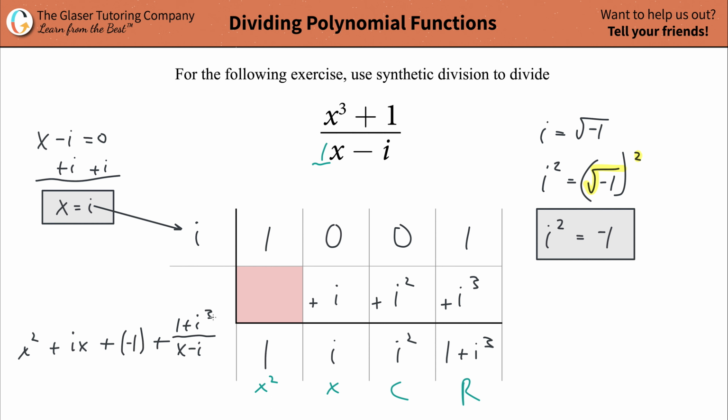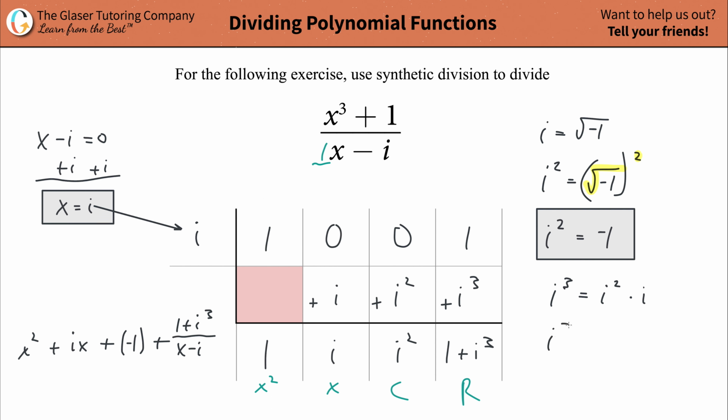Cool. Now the only other term that you have to think about is this i cubed, right? So what do you think i cubed is now? Well, this could kind of be the easiest way to think about it: i cubed could be written as i squared multiplied by i, right? Now what is i squared? Well, we just defined what it is. It's negative 1.